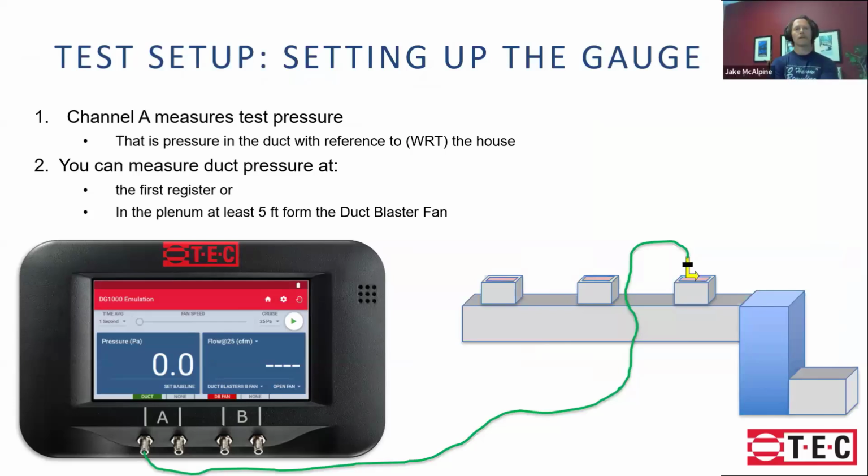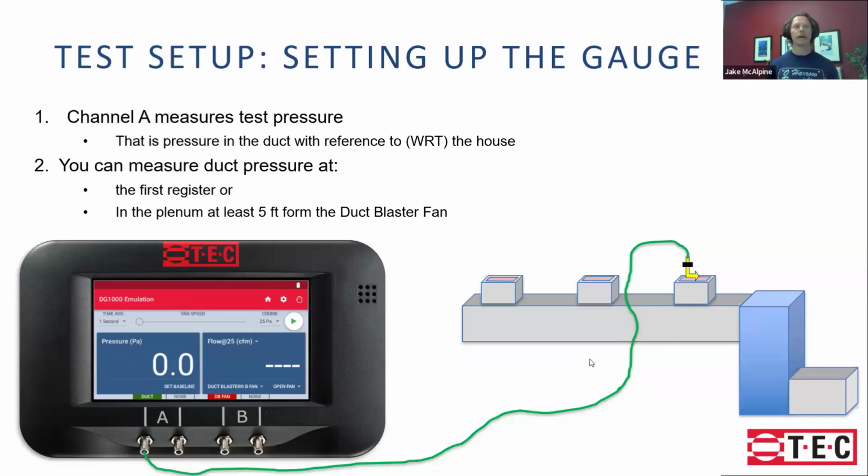Let's keep going. So fan setup now. The other half of the system is really the gauge. This is where a lot of the brains of the operation are happening. Simply put, your channel A is measuring your test pressure. That's the pressure in the duct with reference to the house. You can take that measurement at a number of different places.